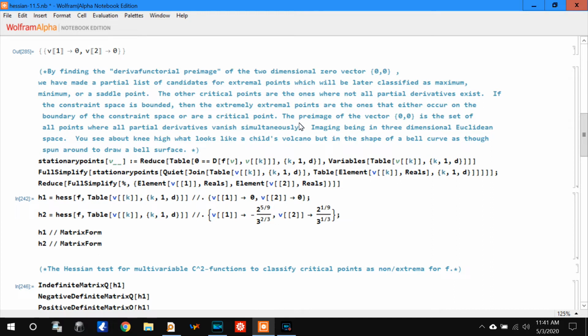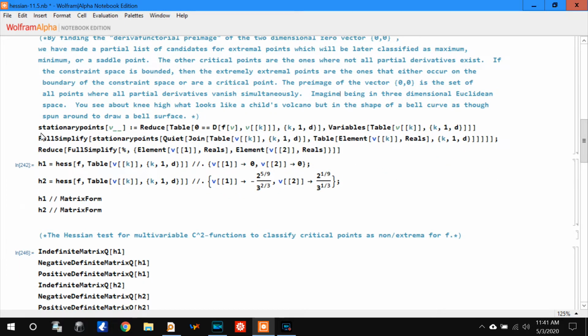The preimage of the vector (0, 0) is the set of all points where all partial derivatives vanish simultaneously. Imagine being in three-dimensional Euclidean space. You see about a knee-high what looks like a child's volcano, but in the shape of a bell curve as though spun around to draw a bell surface.